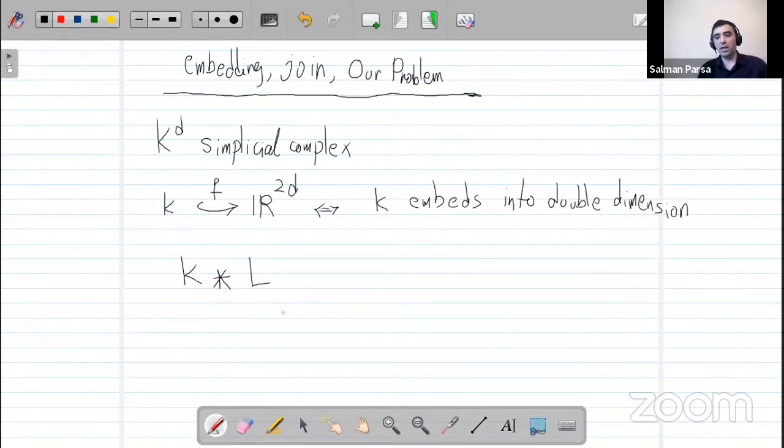So we want a criterion that tells us you can embed the join if the factors are such and such. So this is the question.